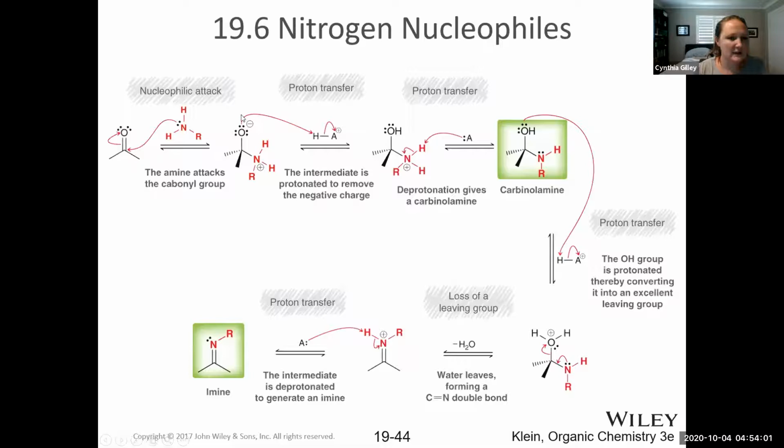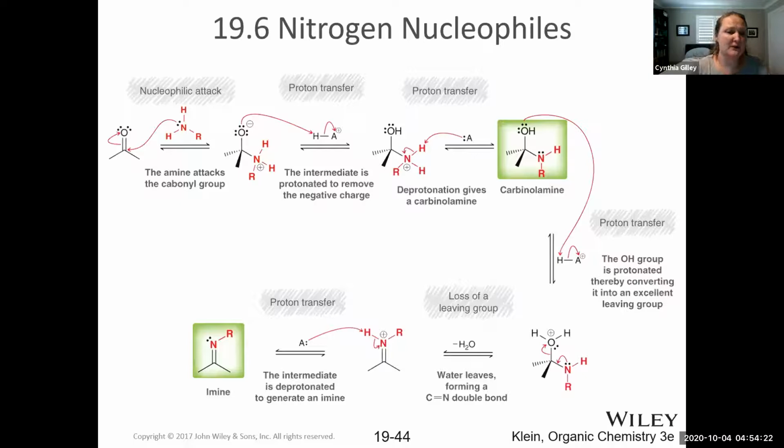But look at this negatively charged oxygen, right? You should be seeing red sirens going off in the background. Fireworks should be going off. You should be going, oh my gosh, how can we generate a negatively charged oxygen under acidic conditions? She told me to avoid that. Okay, and that's true.